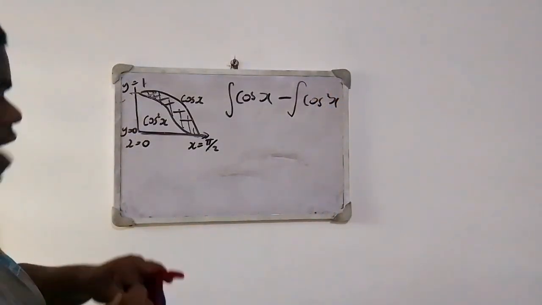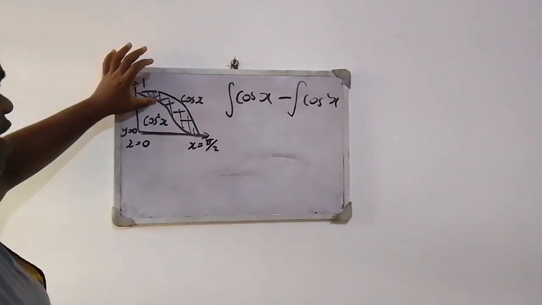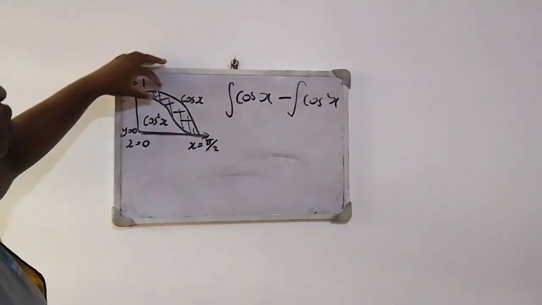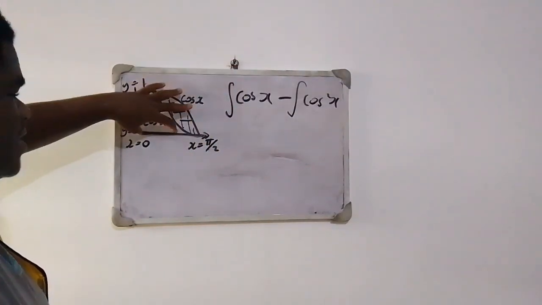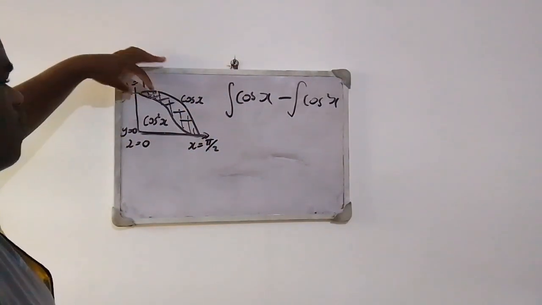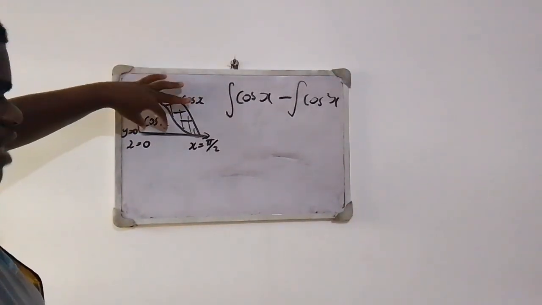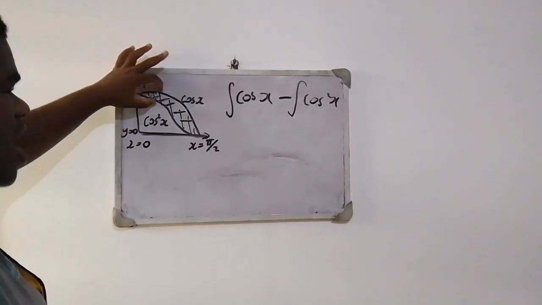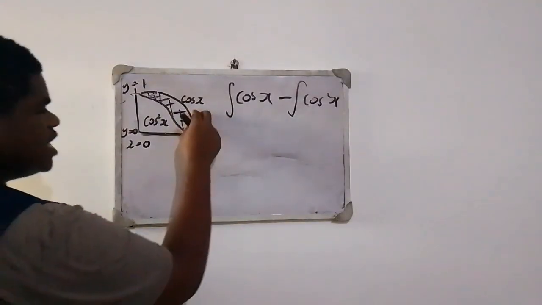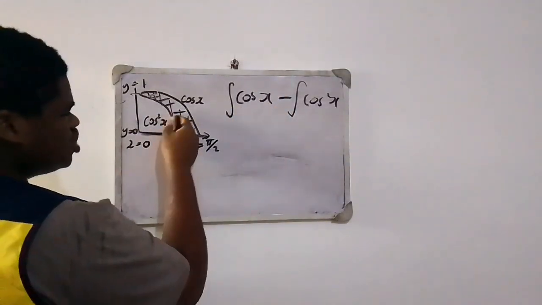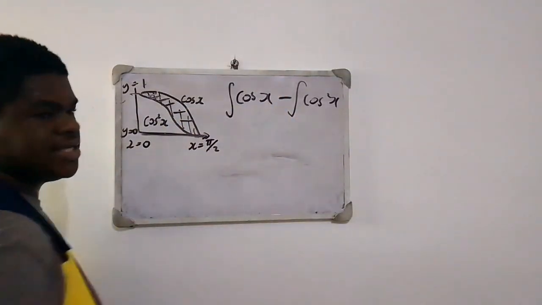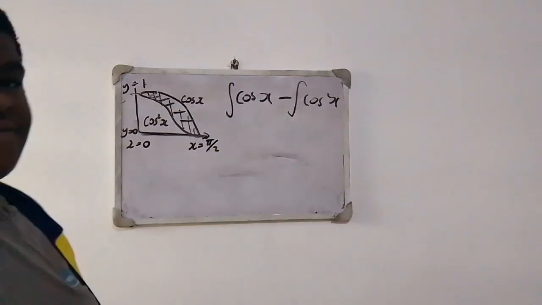The definite integral of cos x shows you the area under cos x to the x-axis. The definite integral of cos squared x shows you the area under the cos squared x curve to the x-axis. So the area between them is the area under cos x minus the area under cos squared x. That's basically how you set up the definite integral.